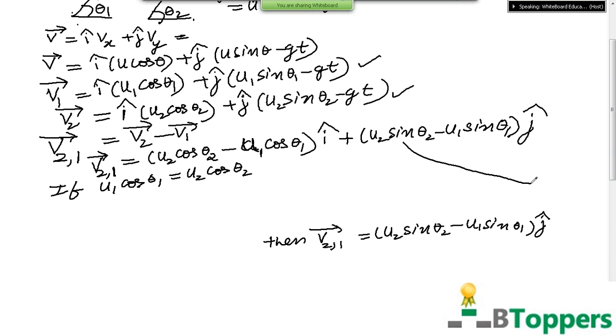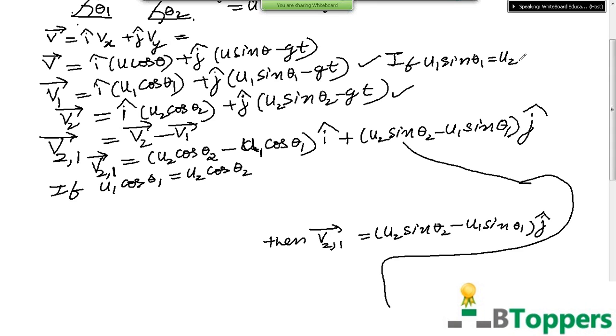Suppose the vertical components of the two projectiles are equal, that is u1 sin theta 1 equals u2 sin theta 2. In that case, the y component, or vertical component, of the relative velocity between the two projectiles becomes 0. Then the relative velocity of the second projectile with respect to the first projectile will act only in the horizontal direction.